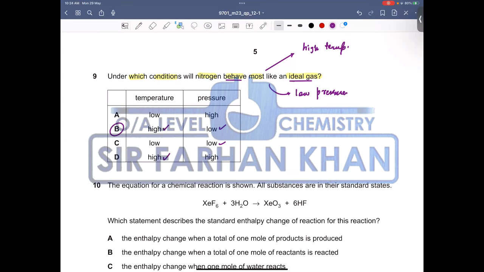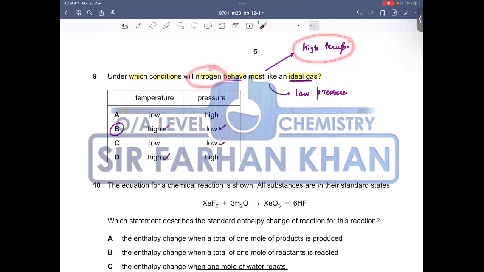That's an easy question, guys. If you remember, when we increase the temperature, the kinetic energy of the gaseous molecules increases. This increases the movement of the molecules, so the molecules will move further away from each other. And when the molecules move further away from each other, the forces between the gaseous molecules become negligible, and that's the kinetic molecular theory postulate.